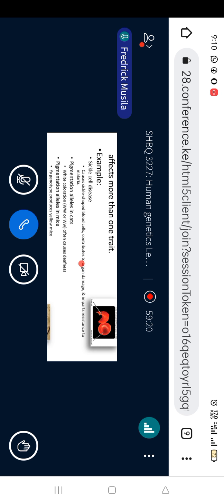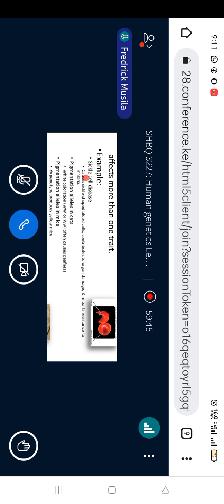You'll have organ damage, and you will also be resistant to malaria because of the shape. So from one gene, you are getting 3 traits. Resistance to malaria is a trait. Then you can suffer from organ damage. Then you'll have the shape of the red blood cells.